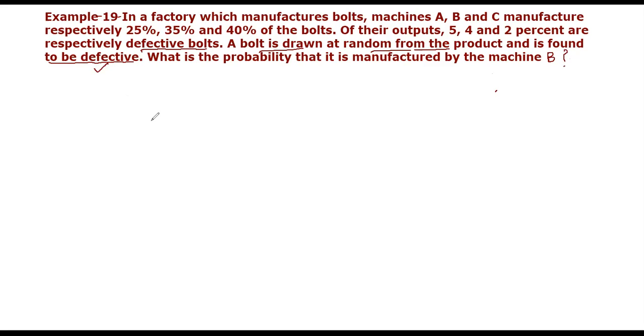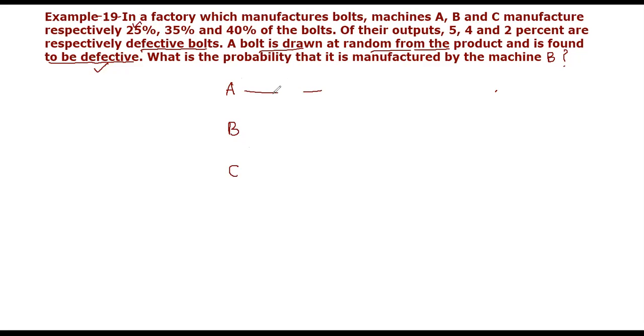Okay. So the probabilities of the machines are given. Suppose machine A is producing 25%, so the probability is 25 upon 100. Producing the bolt by machine A is denoted by the event E1, manufacturing by B is E2, and manufacturing by C is E3.